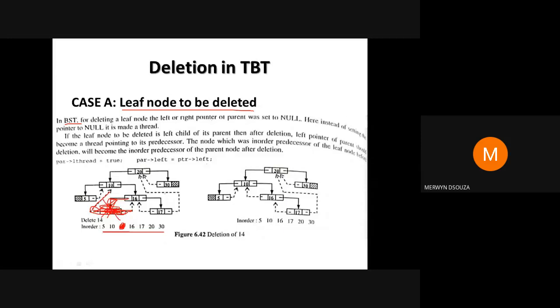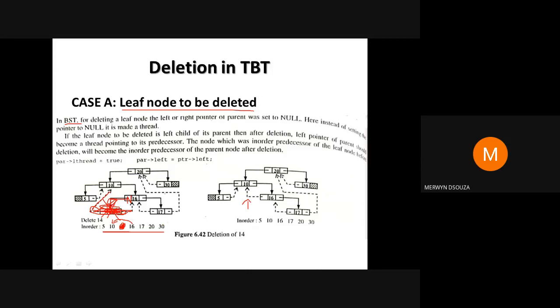Left child of 16 is deleted, so the solid arrow will not remain. Here it will become null. But since we are doing threaded binary trees, we know you cannot put null there. So since this is the left side, 14 was the left child of 16, you need to find out the in order predecessor of 16 after deletion of 14. The in order predecessor of 16 is 10. So you are going to draw a dotted arrow from the left side of 16 to 10 like it is shown here.